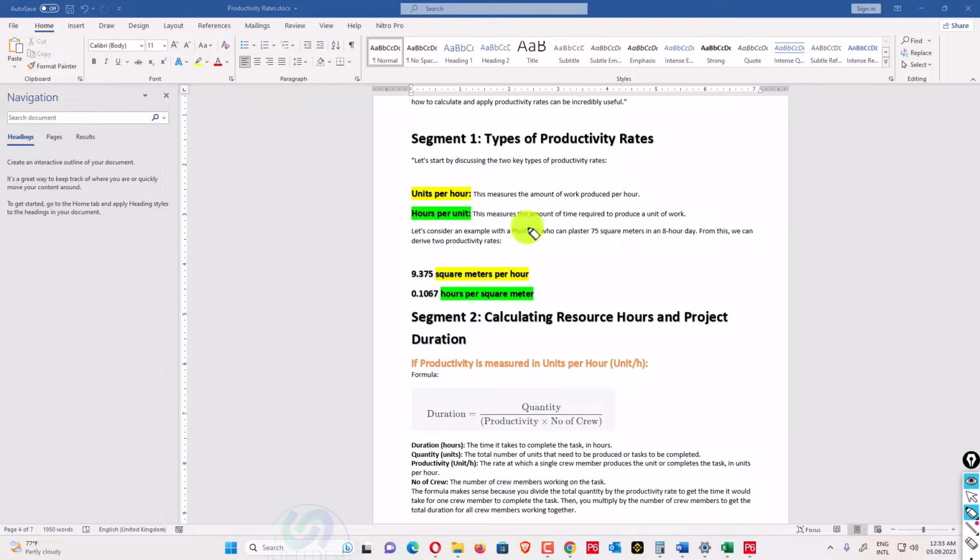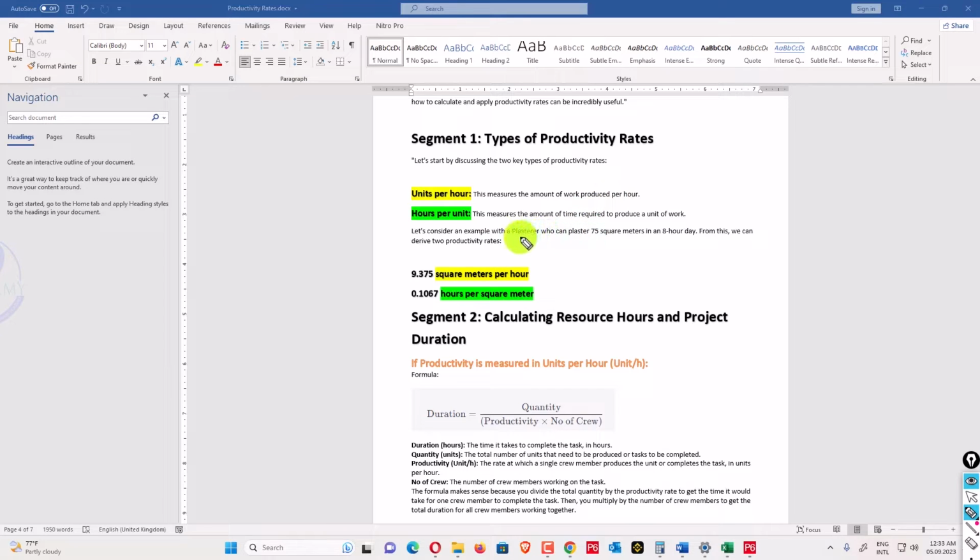So how many types of productivity are there in a project? There are two types of productivity. One is unit per hour, and the other is hour per unit. How can we differentiate?